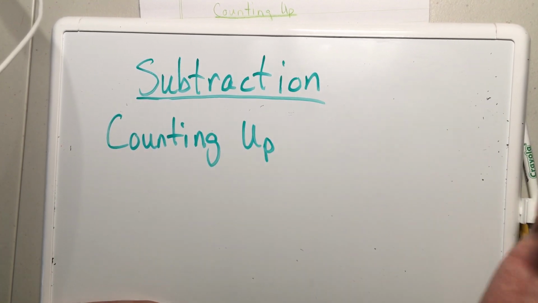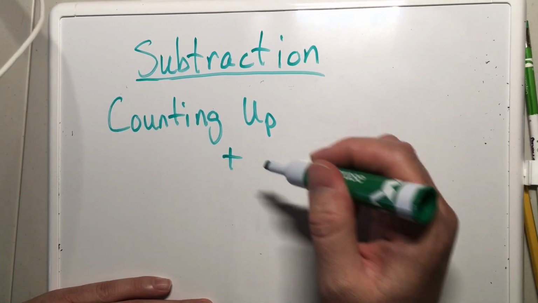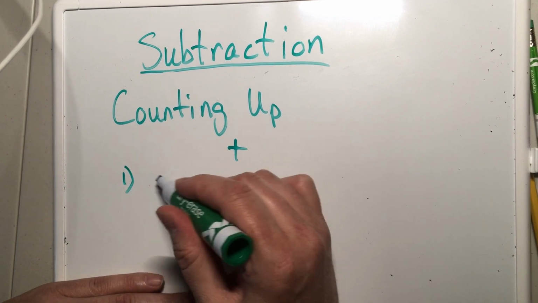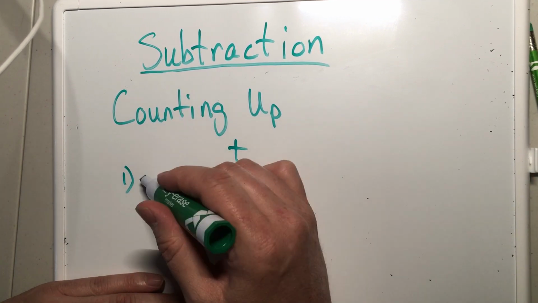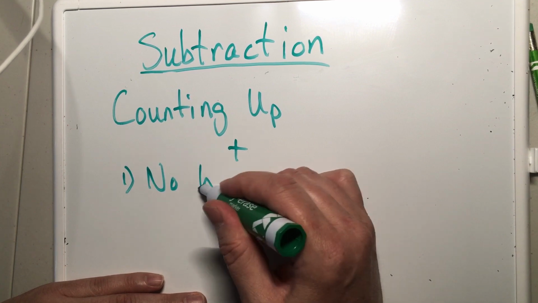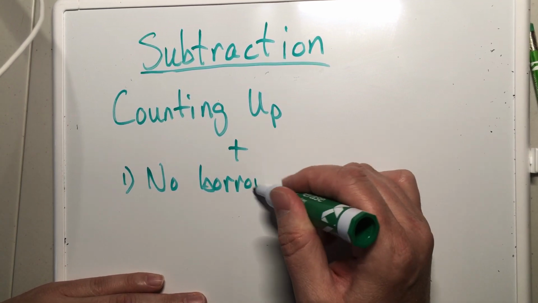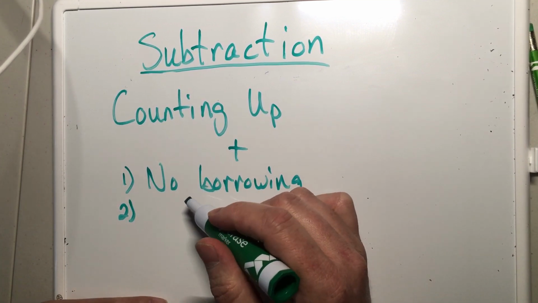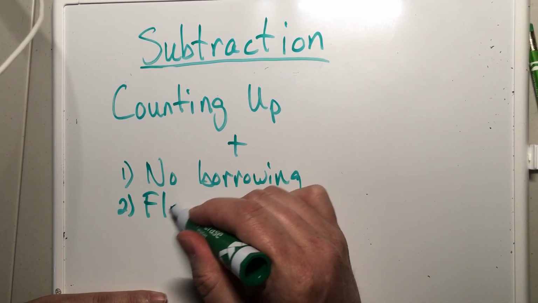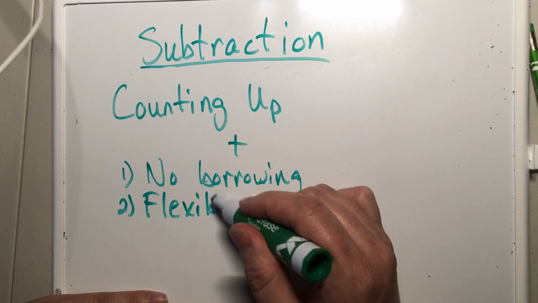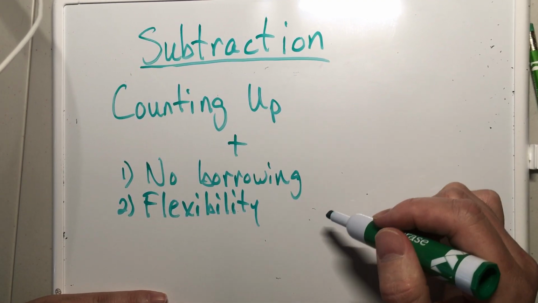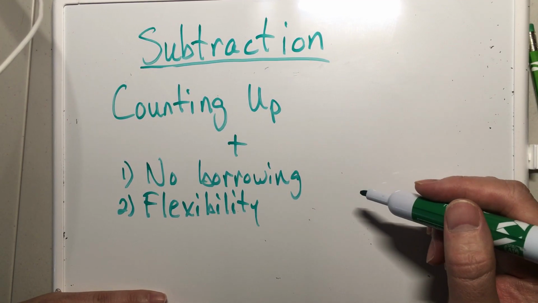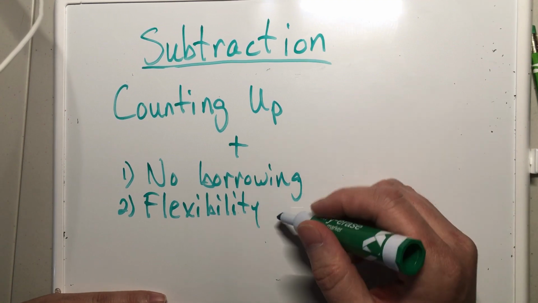These are the advantages, in my opinion, of counting up. The very first thing, of course, is that you don't have to borrow. No borrowing. Flexibility with numbers, which is huge. Most of the time we're not walking around with paper and pencil or a dry erase board and some dry erase markers.